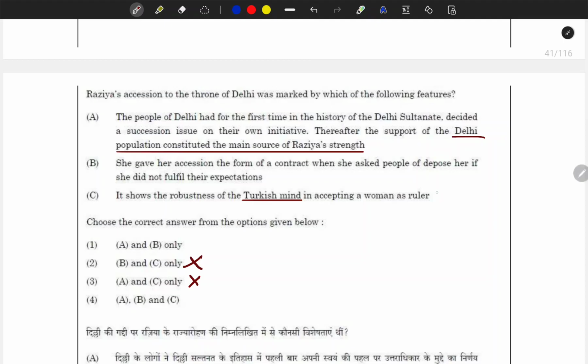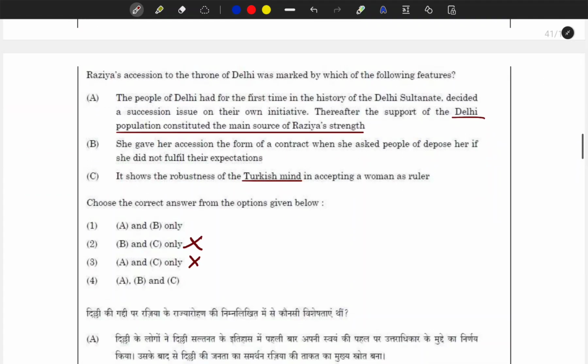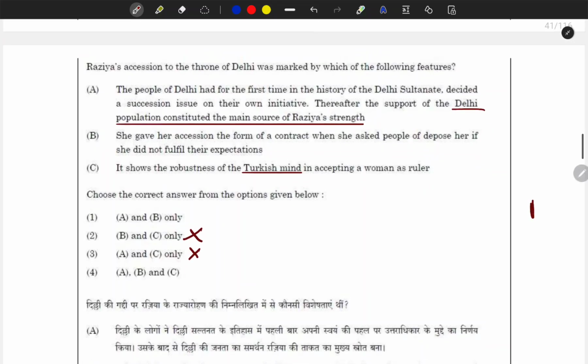So for me, I was not sure about this, and you can take a 50-50 call on this. For me this was a moderate question. Actually, this is the correct option.